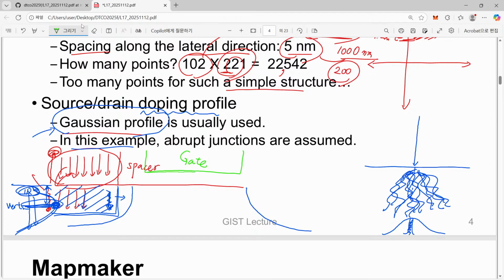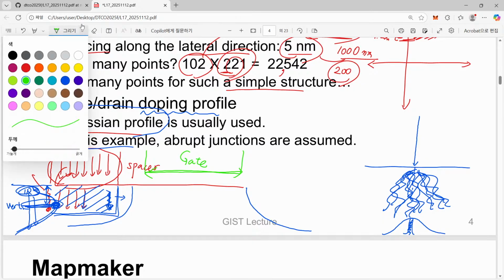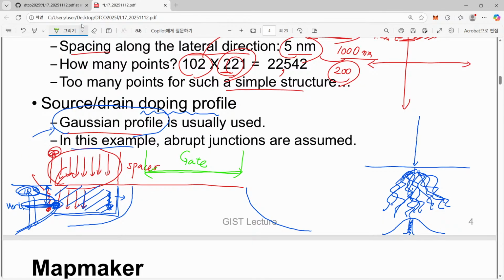The physical length of this metal really determines the length of our transistor. However, this is not exactly 100% correct, because we have the end of our source and the end of our drain.